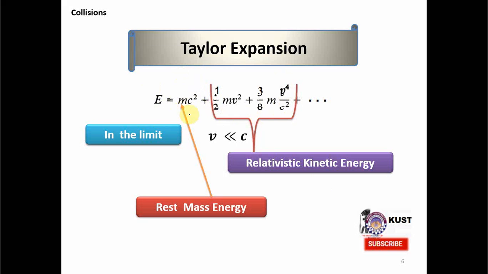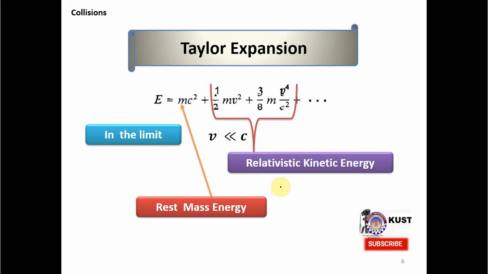And this rest mass energy comes in the leading order because v is raised to the power 0 here, that is 1, and then you calculate the velocity square and so on. And from here you can also know that when v is very, very smaller than c, then you can ignore the relativistic corrections over here.